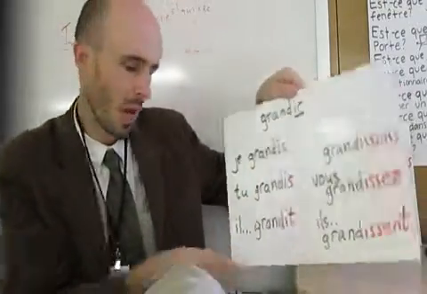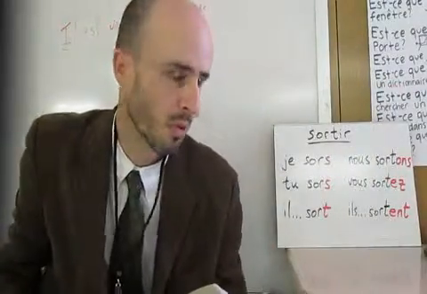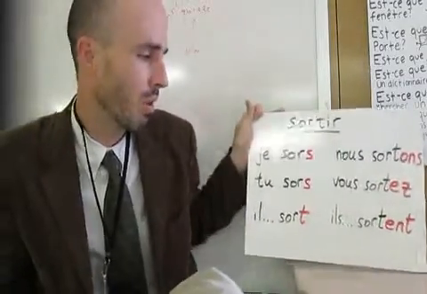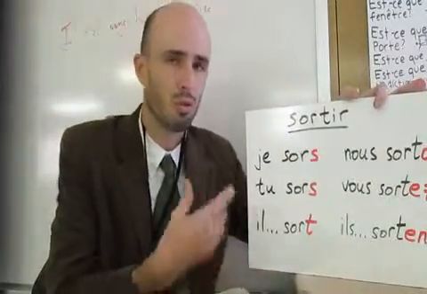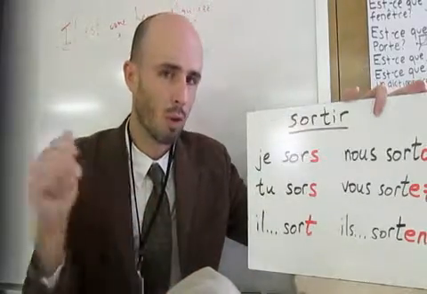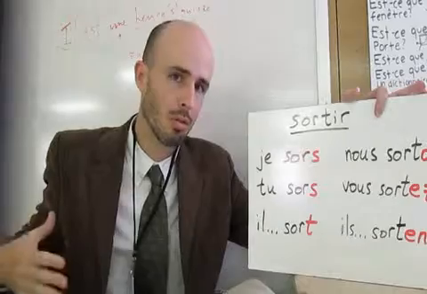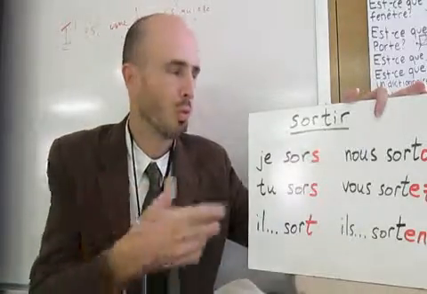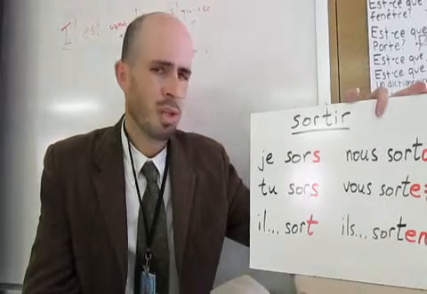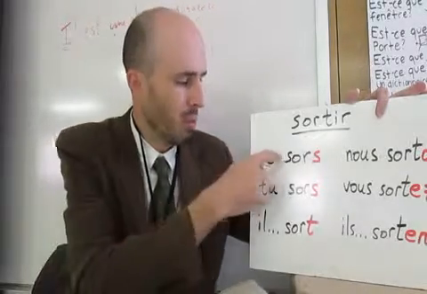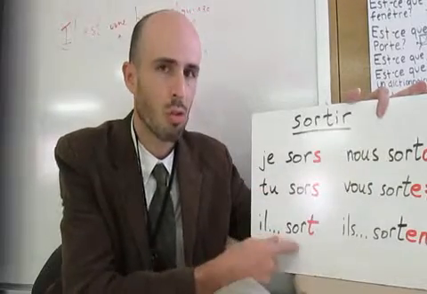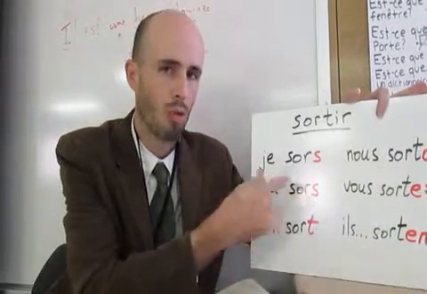Let's see what happens a little bit differently with the verb sortir. This is most frequently used in an intransitive sense, to go out. It can also mean to take something out of something, but most often we use it to go out. Check out what we have going on here. Notice how in the singular forms our stem is actually sors, S-O-R-S.